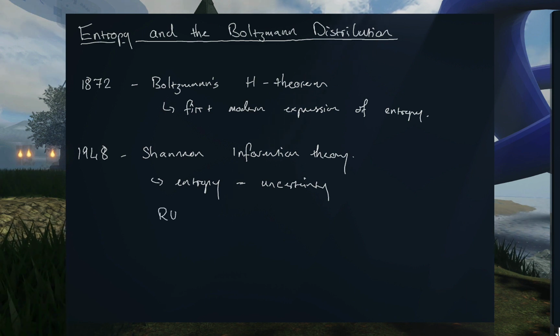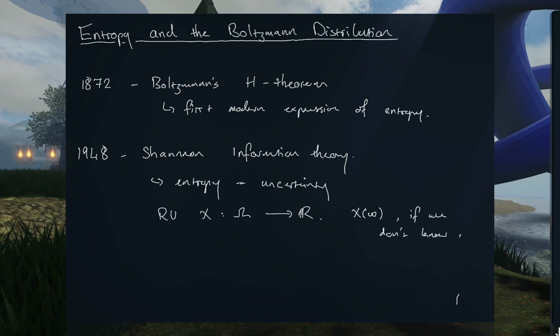So if we have a random variable X on a probability space, taking real values, we want to be able to quantify how uncertain we are about X of omega if we don't know the outcome omega.